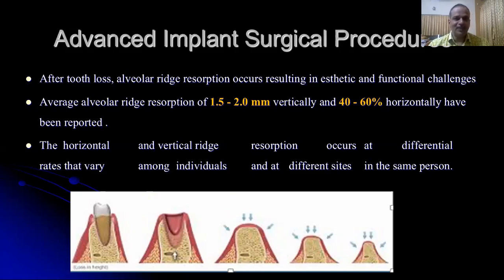In such narrow alveolar ridges, it is very difficult to place the implants, and sometimes adequate width and height of the alveolar bone may be present, but it may not be located in the appropriate position. So in such situations, alveolar bone regeneration is done so that the implant can be placed in a prosthetically driven position, and so as to achieve a good aesthetic and functional implant restoration.